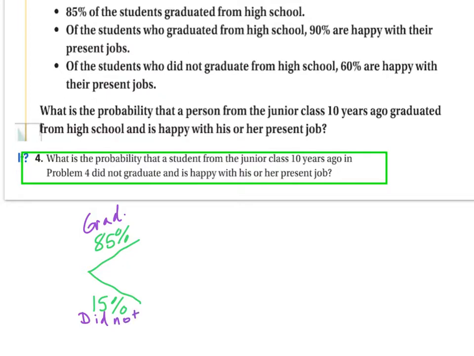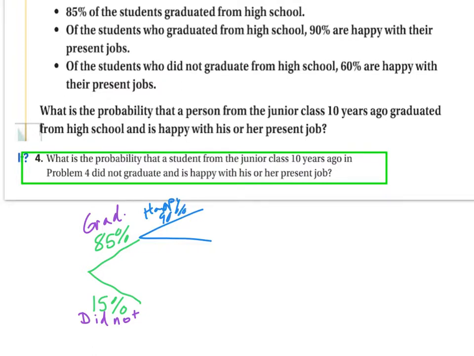Now, of the students who graduated, 90% are happy with their present jobs. So what we do is we branch off, and I'm going to change colors just so it's a little bit more obvious. So let's say this is happy about their job, and that's 90%.